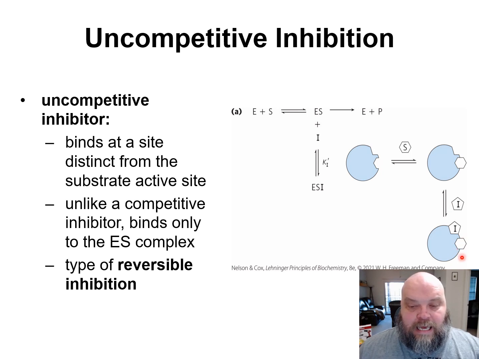So the ES is held in place in this uncompetitive inhibition. Can't get that final reaction to occur where you go from ES to EP to free enzyme plus product. It's held right there. This is reversible because, well, I could be plugged off. As soon as I is removed, ES becomes E plus P, free enzyme plus product.